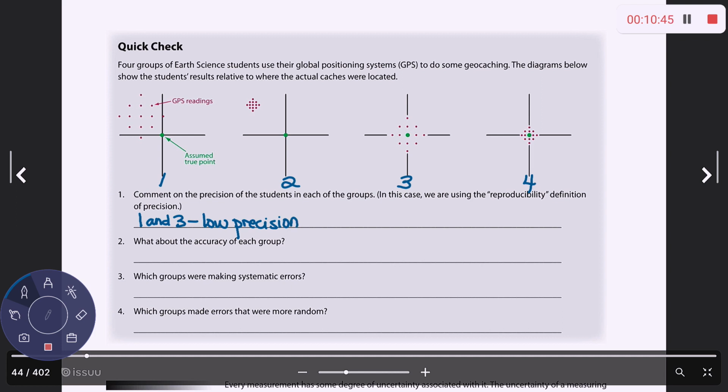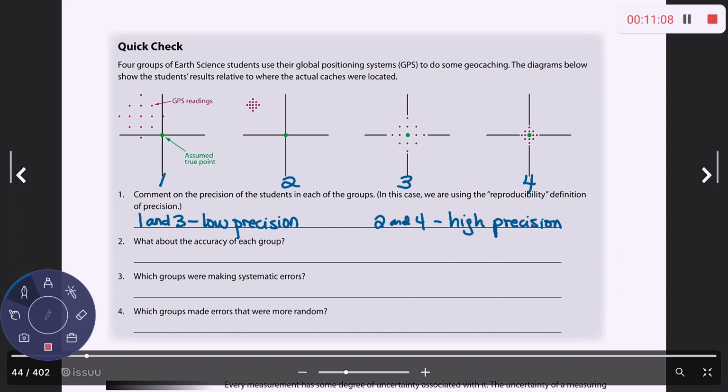Which two do you think are higher precision? I mean, they're relatively closer together. 2 and 4. Yeah. Okay, for number 2, what about the accuracy? Accuracy is going to be how close you are to the true value.